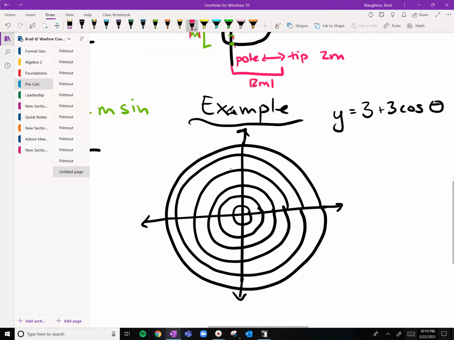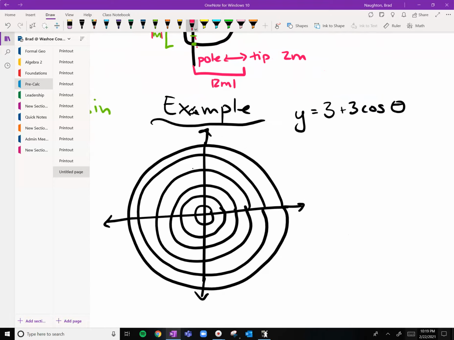So let's take a look. Here we have 3 plus 3 cosine. So it's a plus cosine, meaning I know that the tip is going to be on the right. I start here with the pole. Now my M, again, this value right here, is 3. So I go up 1, 2, 3. That's 1 point. Down 1, 2, 3. That's another point.